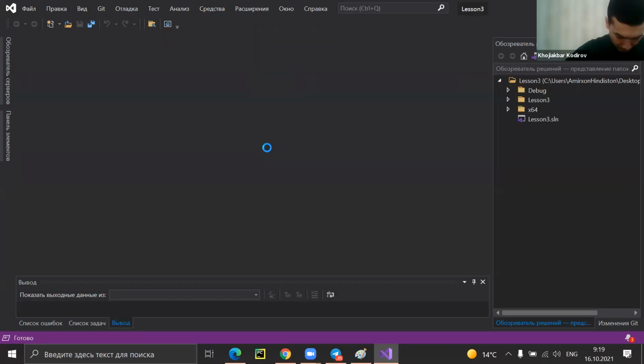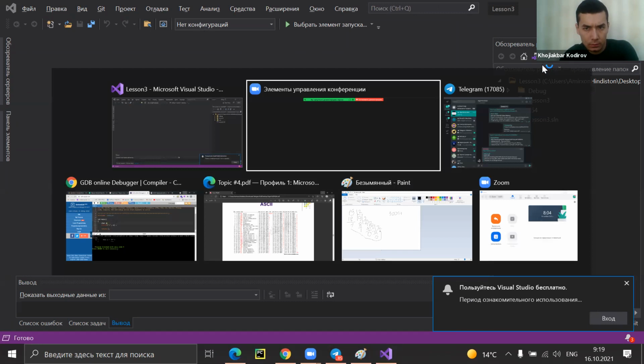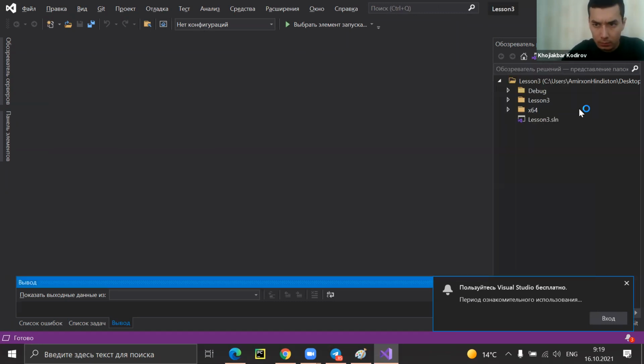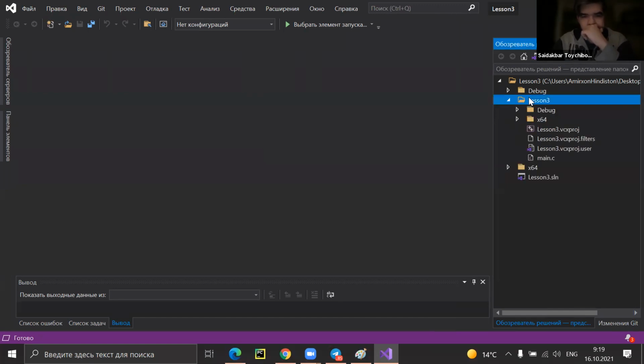So it's not printing the character which I have written. So let's check in Visual Studio in detail what it means. Okay, let's see.